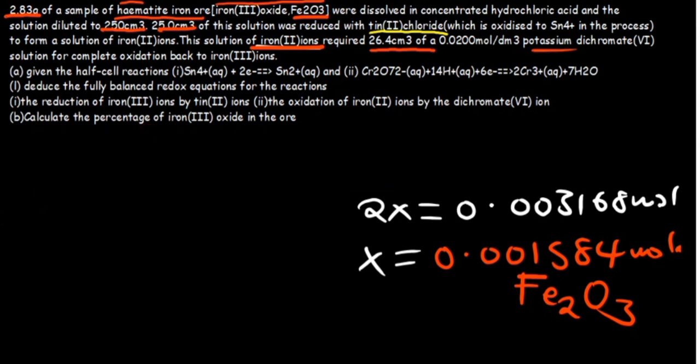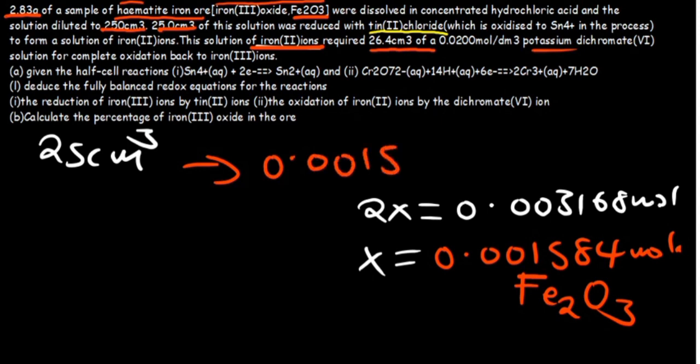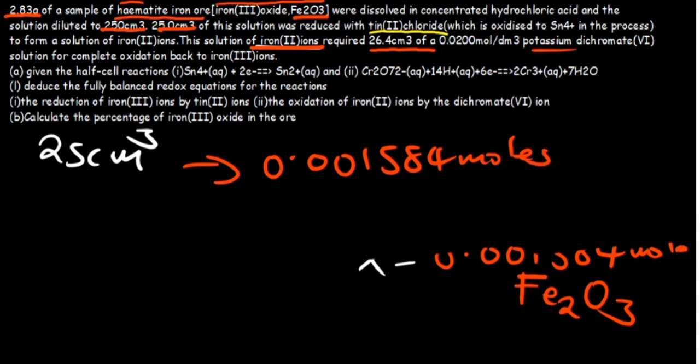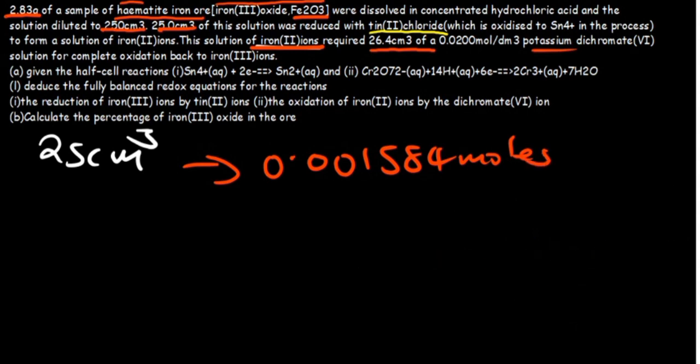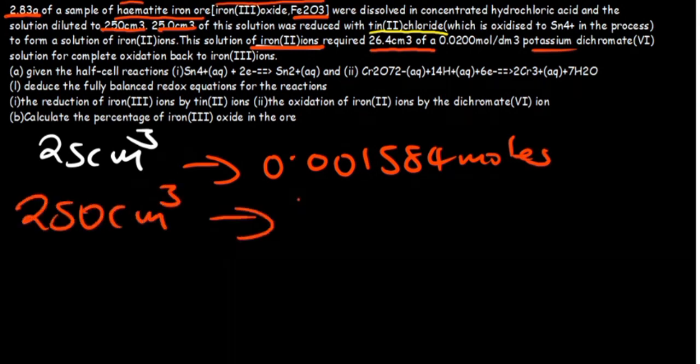So now, if in the 25 cubic centimeters that we took to perform our reaction we had 0.001584 moles of the oxide, how many moles were present in the 250 cubic centimeters itself? This is in the ratio of 1 to 10.